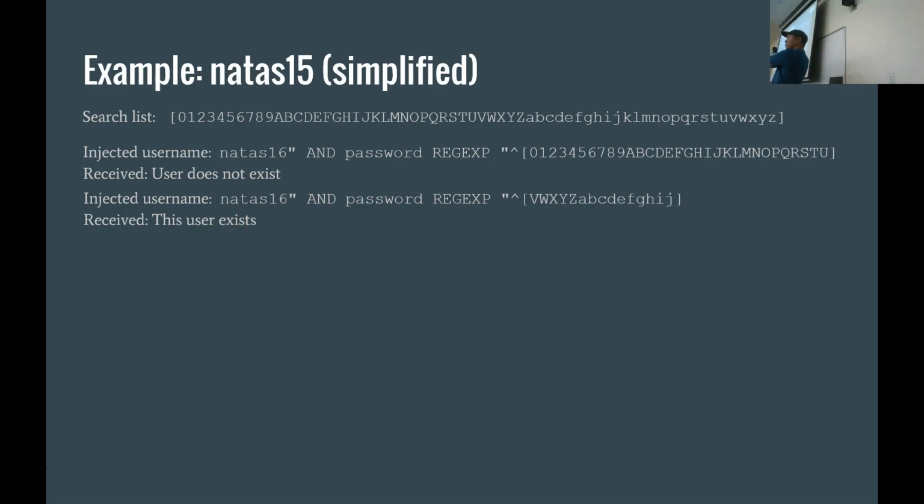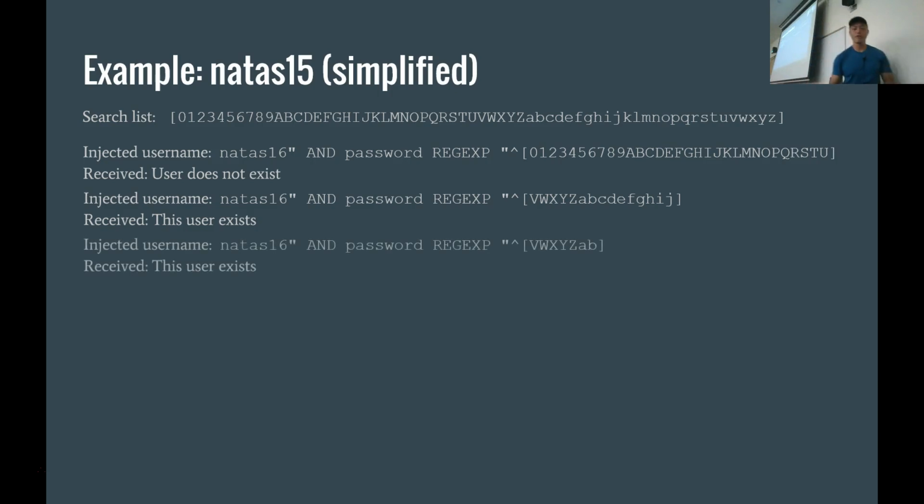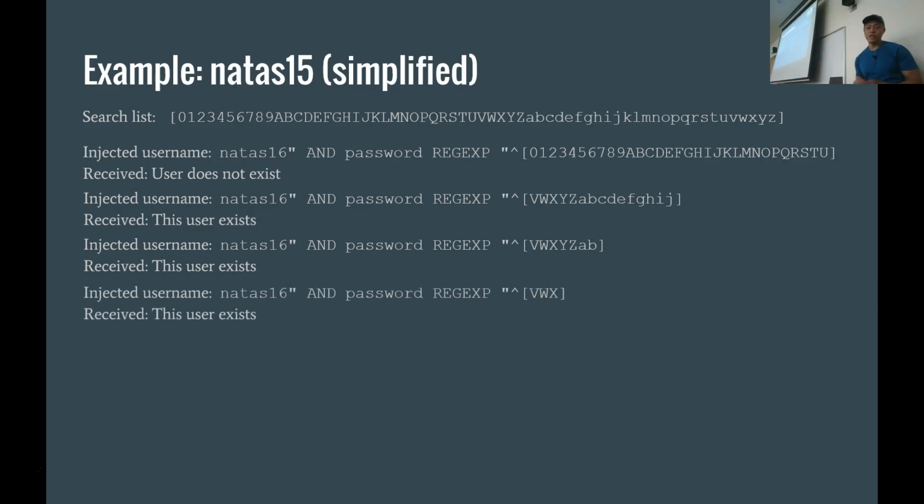You can cut that range in half and search the remaining part of that. So the next query is searching capital V to little b. And then this gives you that this user exists. So then you search the first half again. V, W, and X, the user exists. So it's an odd number.